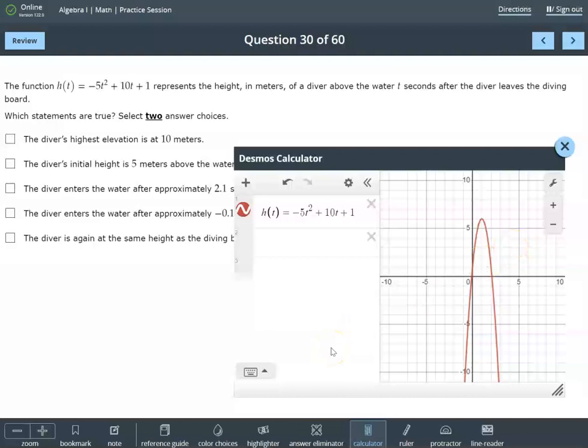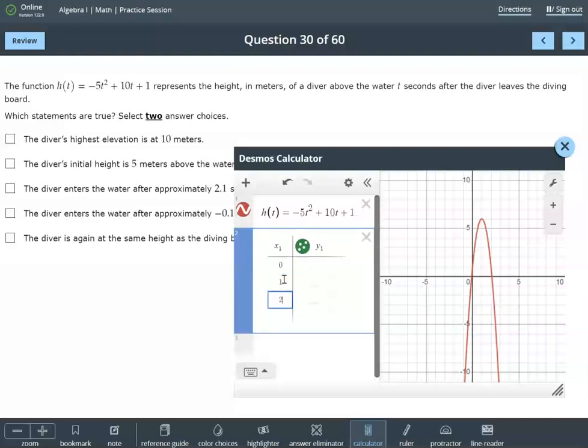Once your function is typed in, let's create a table to make our graph much better. And to do that, click on the plus sign and the table. In the left side, we always start at 0, maybe even -1, but don't go any higher than that. And then do a few of the seconds. These are usually really low numbers, so 3 or 4, 0 to 4 is probably plenty.